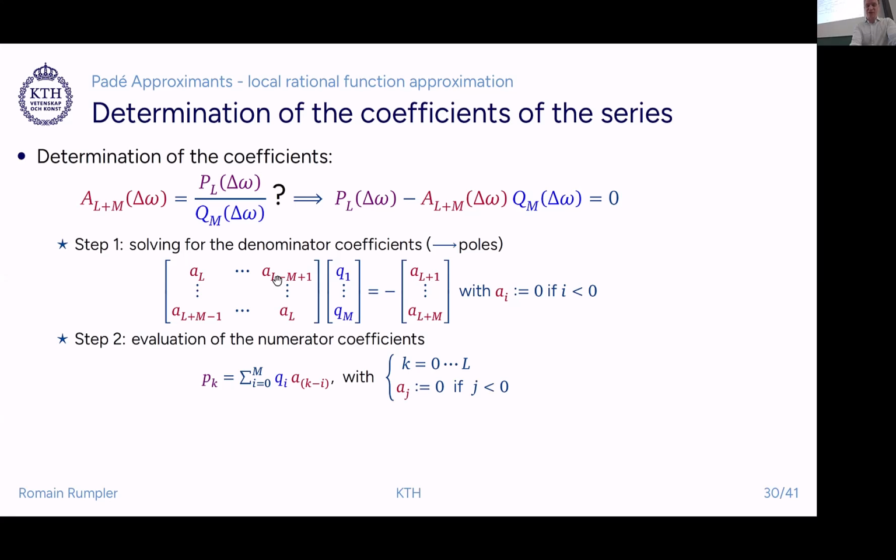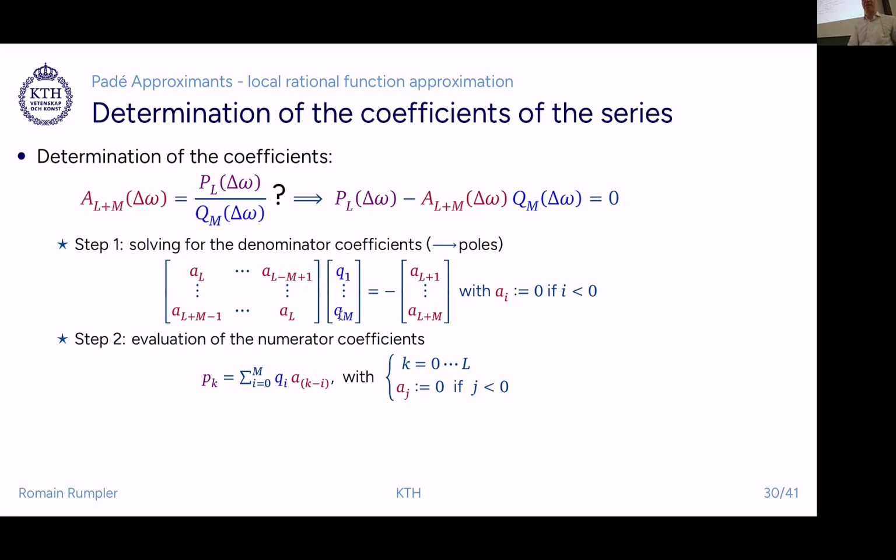Note here that you have all the higher order coefficients from L that you need to calculate in order to set a linear system of equations, which will give you in solution the coefficients associated with the denominator, so associated with the pole.